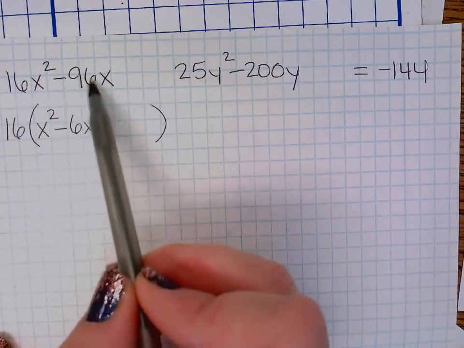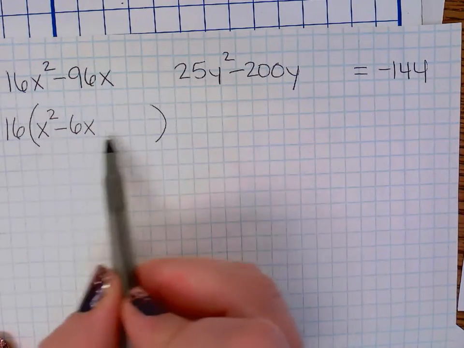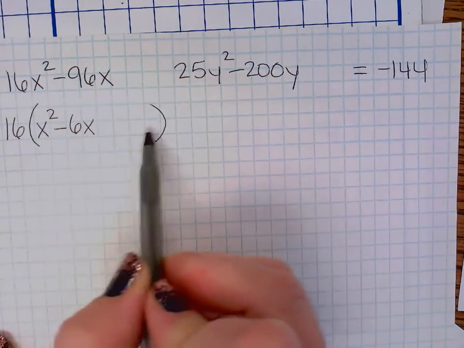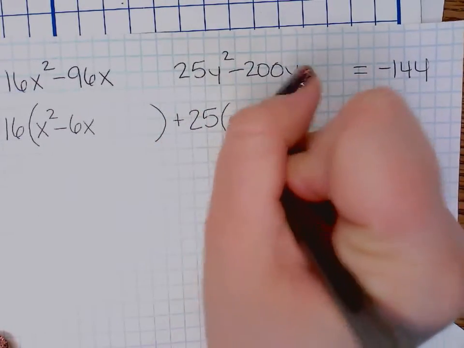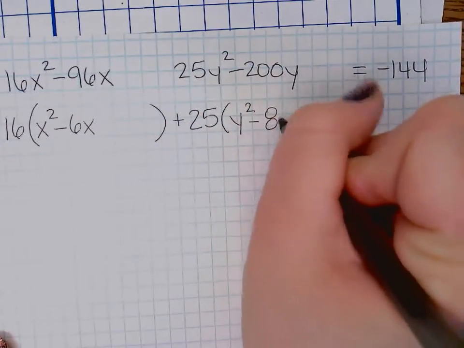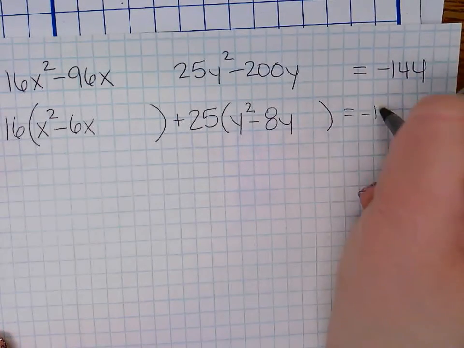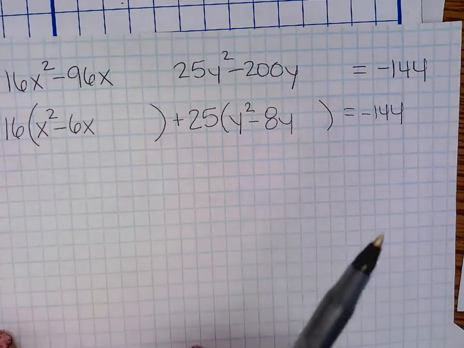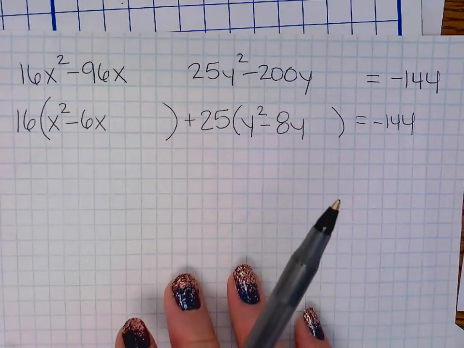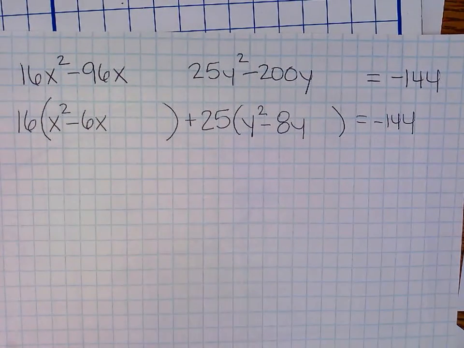So I take 96, divide by 16, and this is my new trinomial inside here. And then here, I'm going to take out a 25, and I'll have y squared minus 8y here, because 200 divided by 25 would be 8. So it complicates it a little bit to have an ellipse.